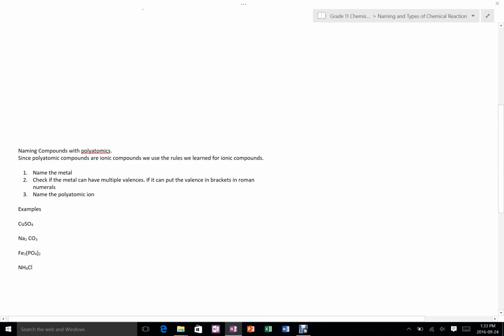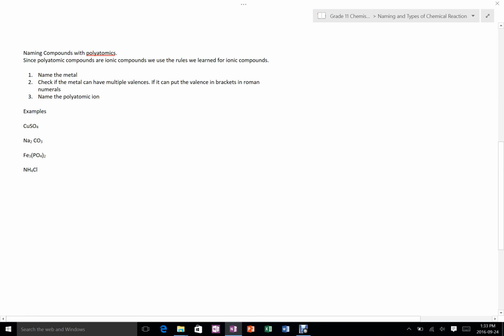Anyways, for naming these things, you're going to name them just like an ionic compound. We have to remember multivalences and that kind of stuff. But in the end, if we recognize that we've got this group of atoms like SO4 or CO3, we're just going to throw the name of the polyatomic ion in the place of the nonmetal. So it's pretty straightforward.